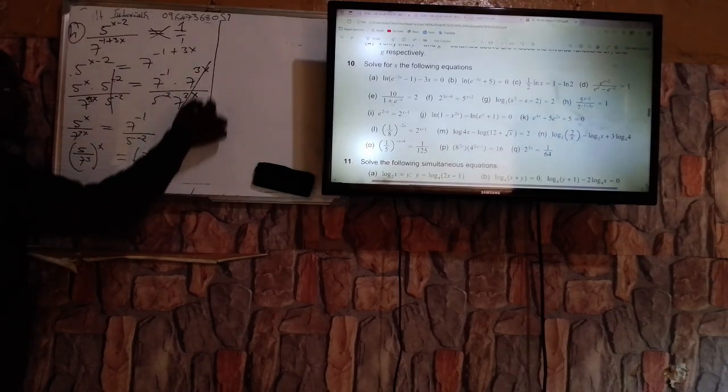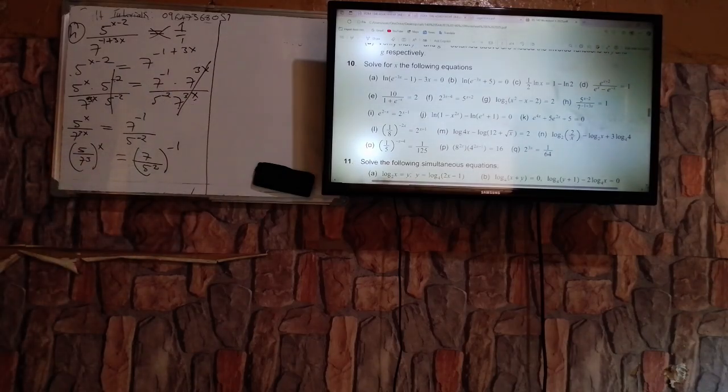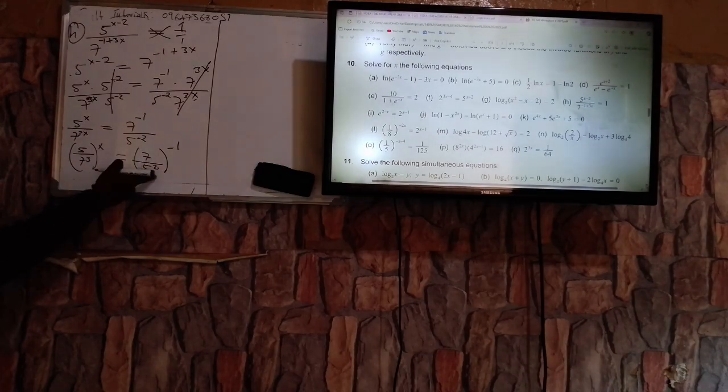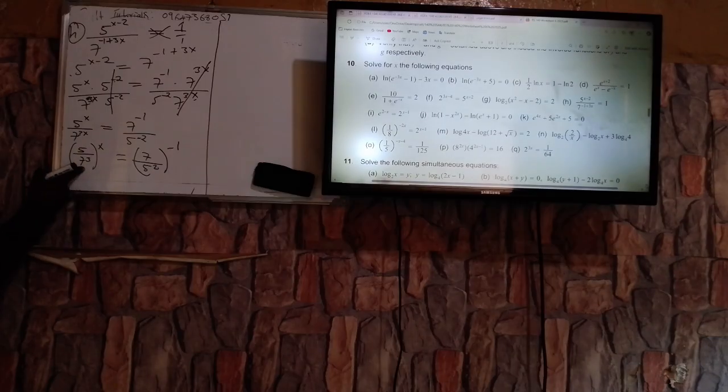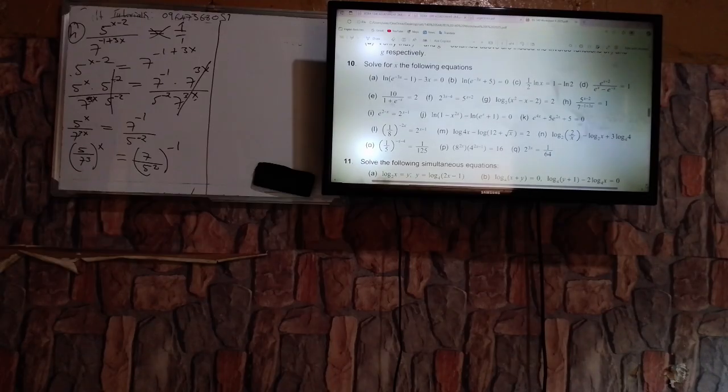After that, we can take it up and now solve for x. We can now simplify. You can even simplify in advance what is inside. This is basically 5 divided by 7 power 3 and 7 divided by 25. So 5 divided by 7 power 3, I'm going to have 0.015.